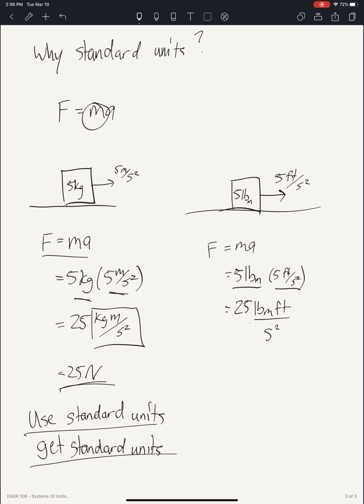Okay? Let me ask you a question, though. If I'm going to convert, let's ask, how many pounds mass are there in a slug? I'm going to use a little subscript m here, because I'm going to do that the entire time.